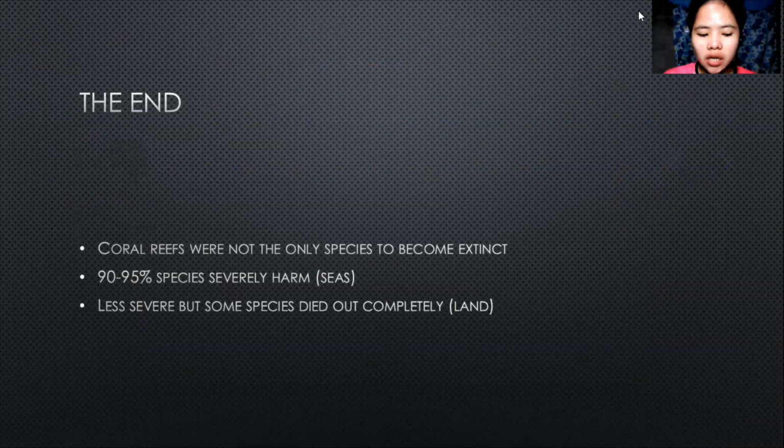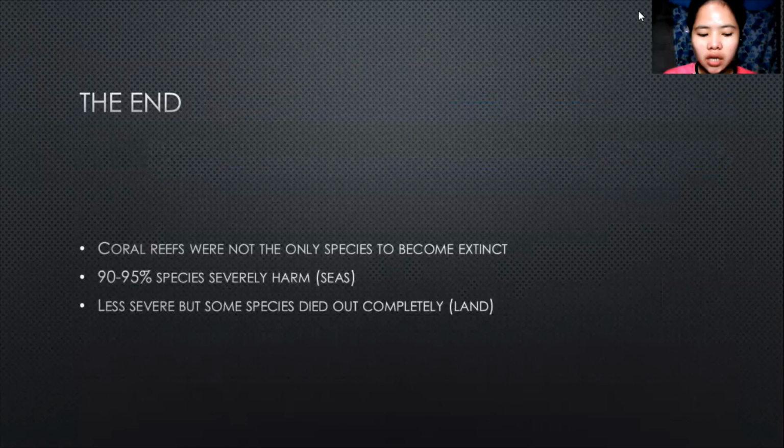So 90 to 95 percent of species were severely harmed in the ocean. So imagine, no, after the end of the Paleozoic era, 5% lang ang nakasurvive sa ocean. And less severe, but species died out completely.